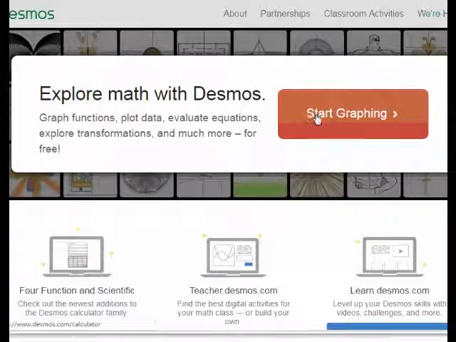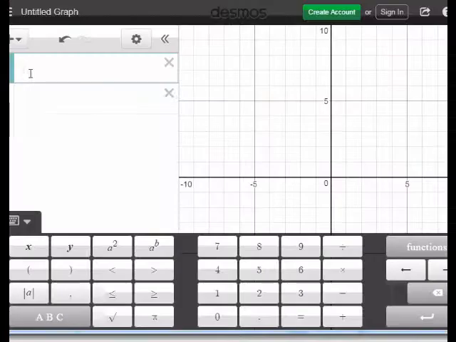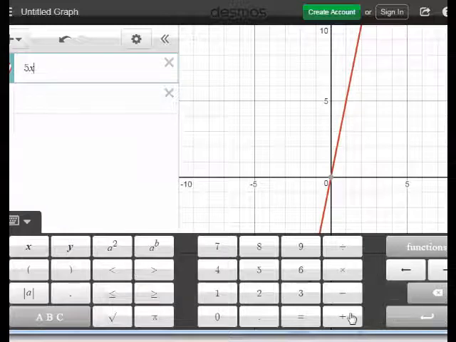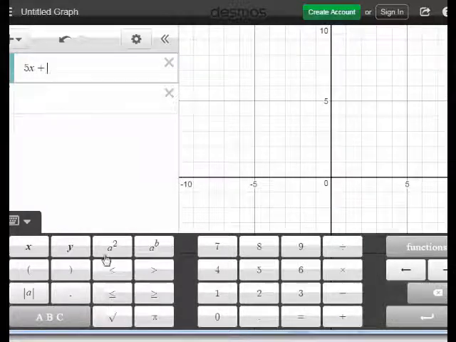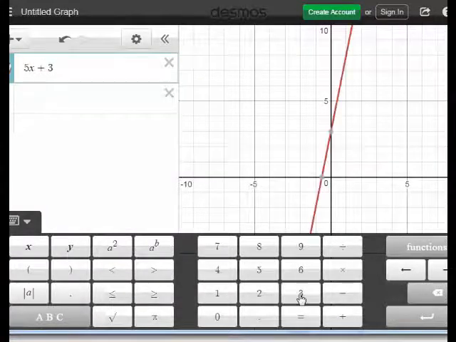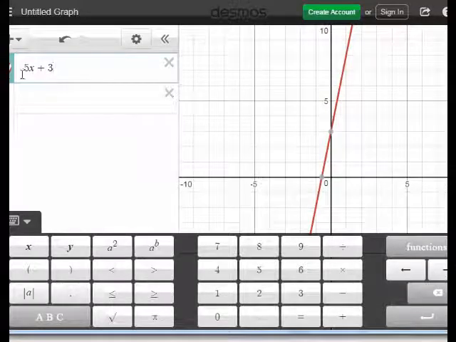and click Start Graphing. I'm going to enter the first expression, 5x plus 3. And if we graphed that expression, this is what it would look like.